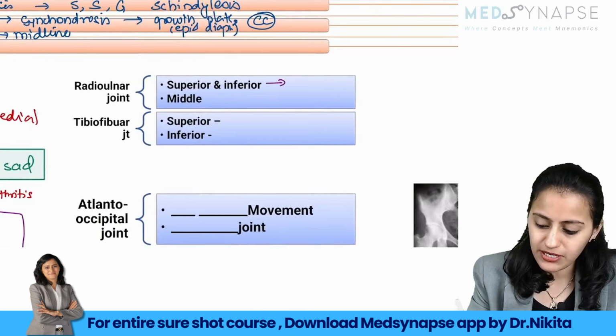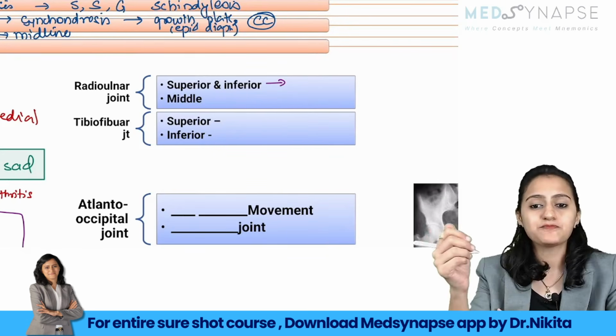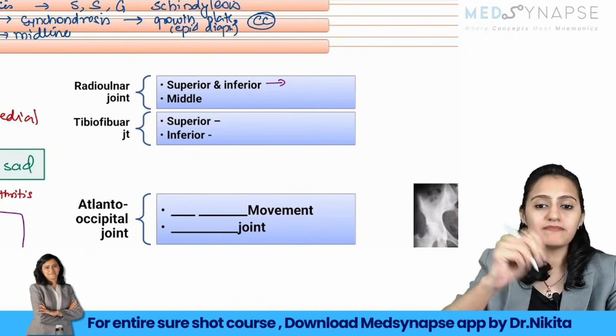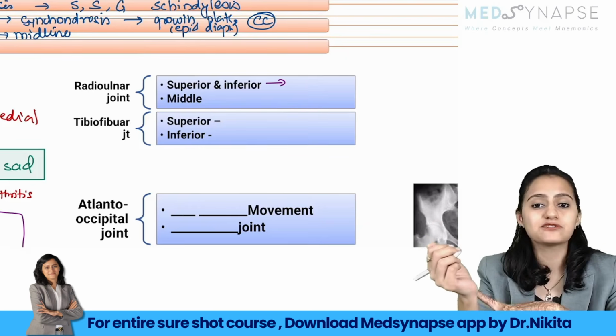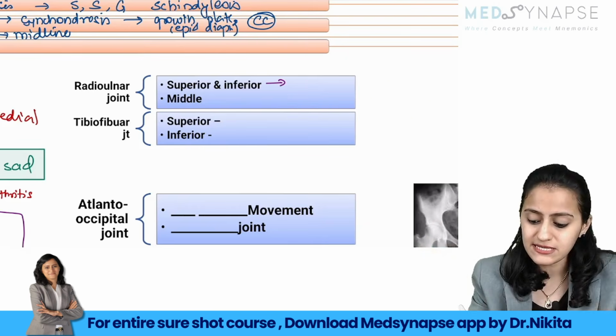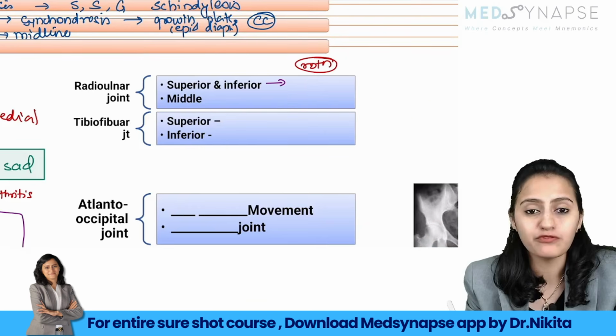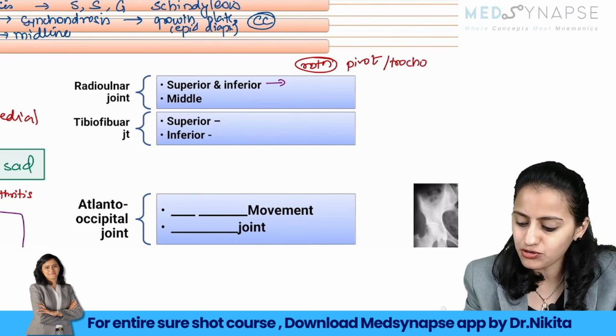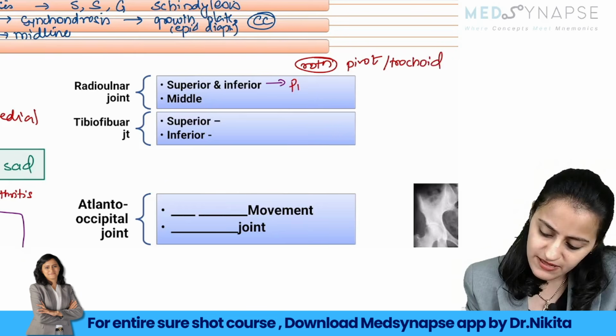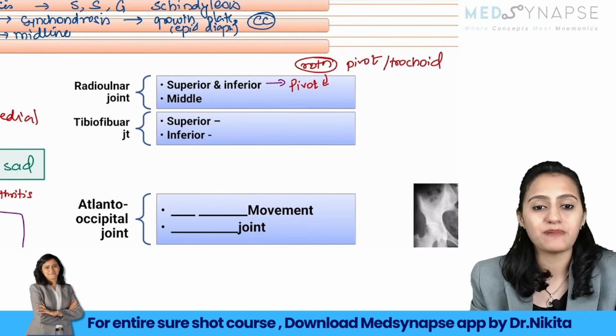Radioulnar joints, the superior and the inferior. Remember that the rotational movement, the pronation and supination, takes place at the superior and inferior radioulnar joints. Wherever there is rotational movement, those are the pivot joints, also called the trochoid joint.